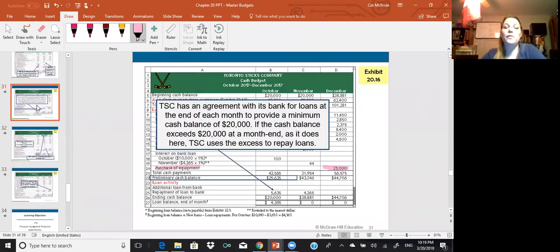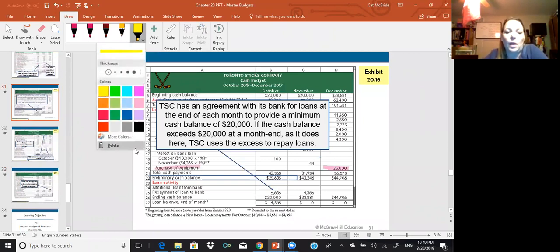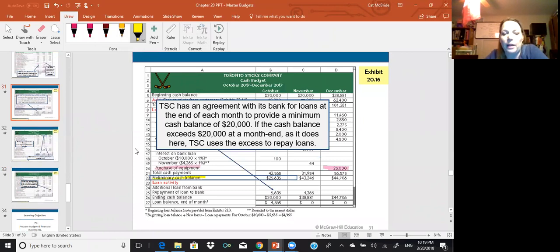Okay, so now that we've done all of this, when we add them up, we have our preliminary cash balance. In other words, based on what we brought in minus the expenses that we know we have, there's our preliminary cash balance.